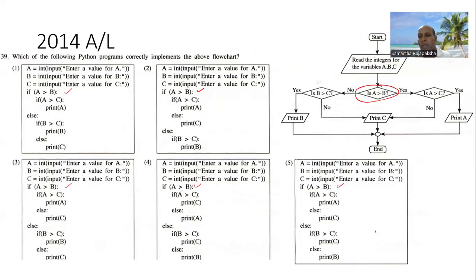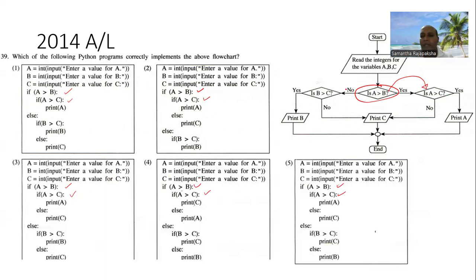That is okay. If it is true, we go to A greater than C. So then you can see this is okay. A greater than C in all of them. That is also okay.